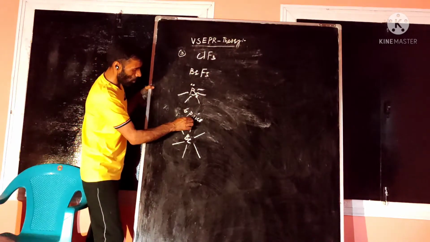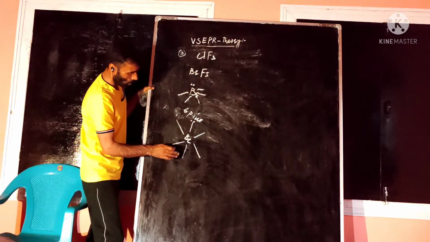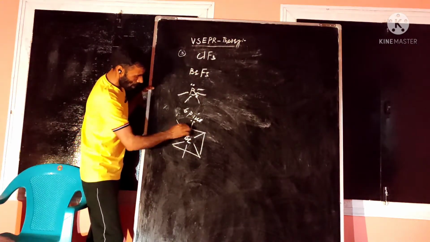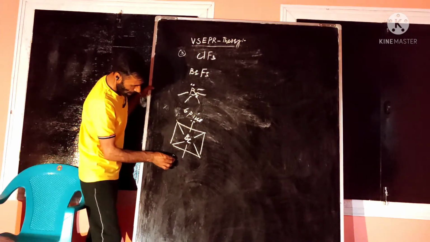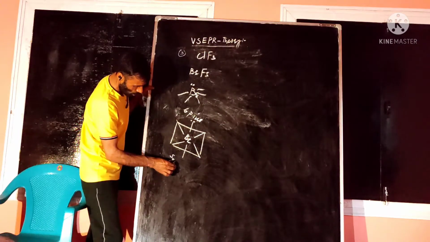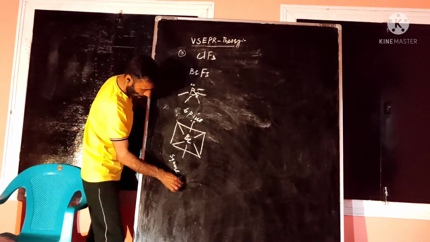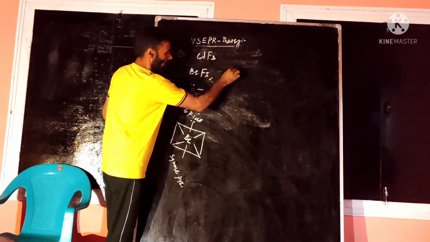I will place that lone pair, for example, here. Then the overall shape of this molecule will be this one as square, this one as square. After that, counting this one also, we call this a square pyramid. So the shape of this molecule is square pyramidal. Now moving towards the next example, let us take this one.